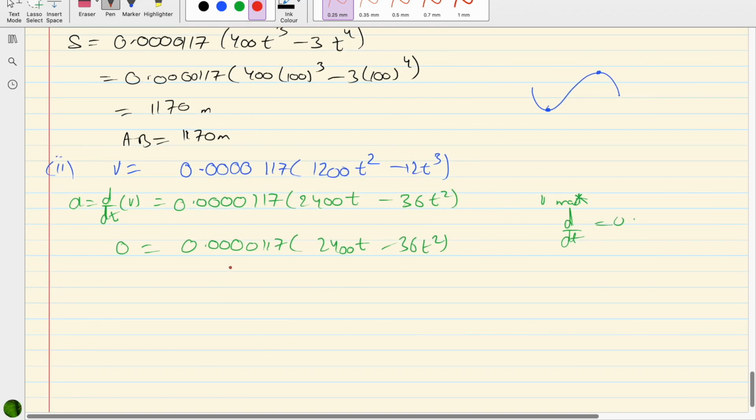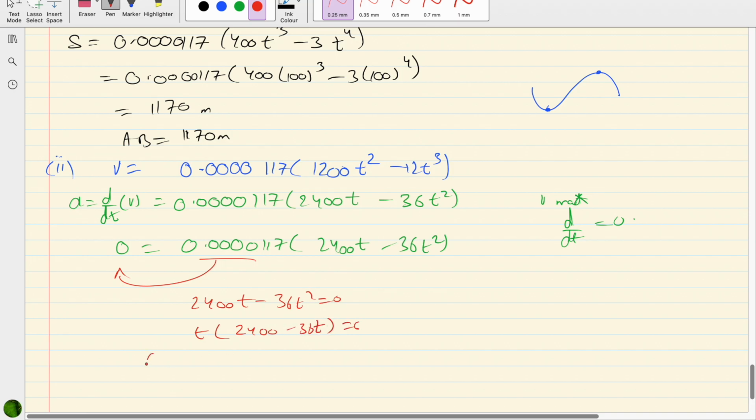Here again solving for t, 2400 t minus 36 t square is equal to 0. I'm taking out t: 2400 minus 36 t is equal to 0. First of all, t is equal to 0, then 2400 is equal to 36t, and 2400 divided by 36 is 200 by 3, 66.7. So 200 by 3 or 66.7 seconds.